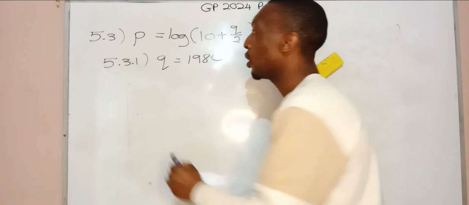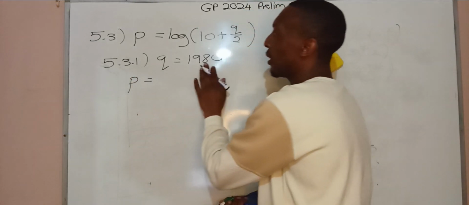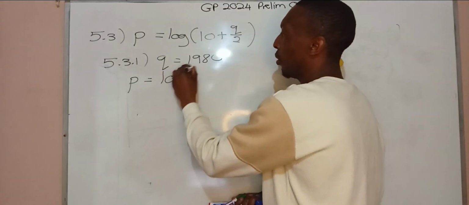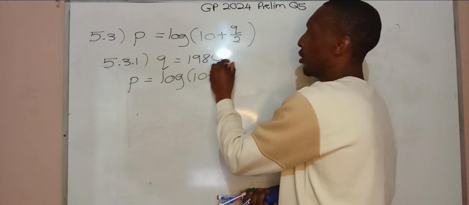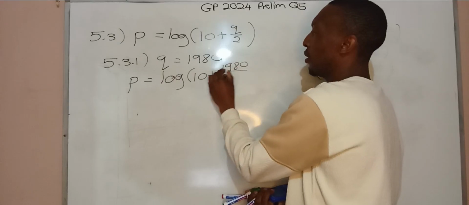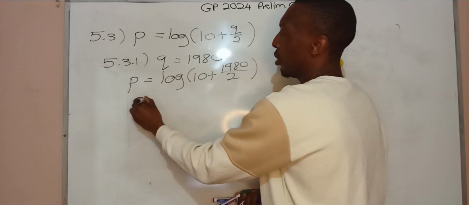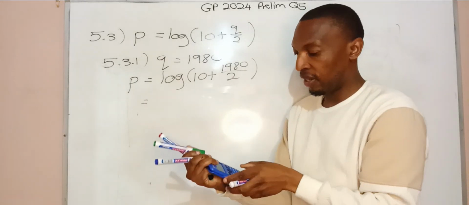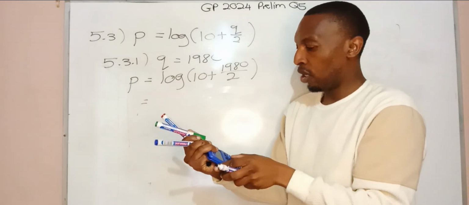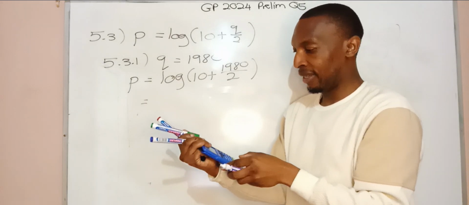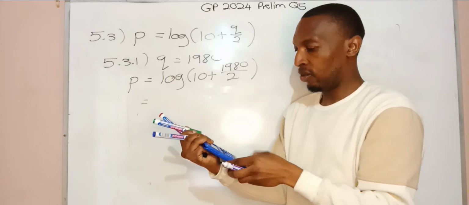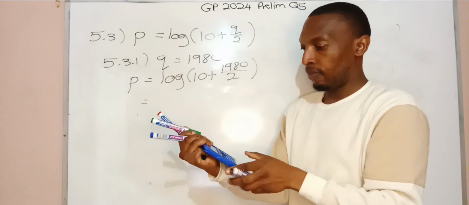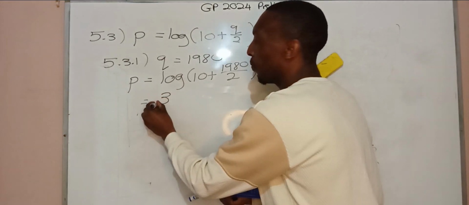Instead of Q, I'll put this number, so it's 1,980 over 2. You enter that on your calculator. There's no need to simplify this. So it's log of 10 plus 1,980 over 2, close bracket, gives us 3.